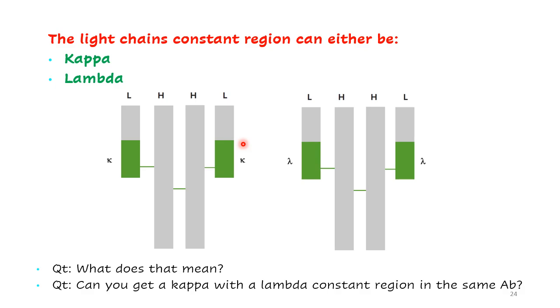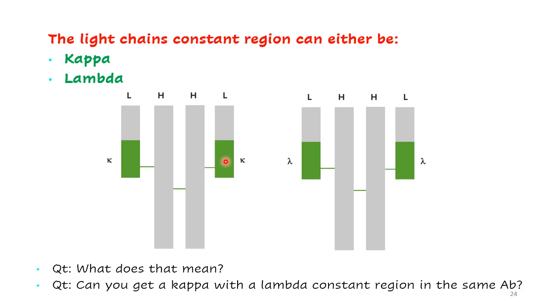Now, there are 2 genes that code for the constant region of the light chain. One gene encodes for the kappa, another gene encodes for the lambda. So when you're making antibodies, you can have either kappa expression or lambda expression. Now, one antibody molecule is going to have both of those constant regions from the same gene.